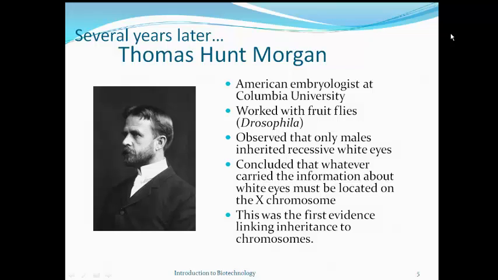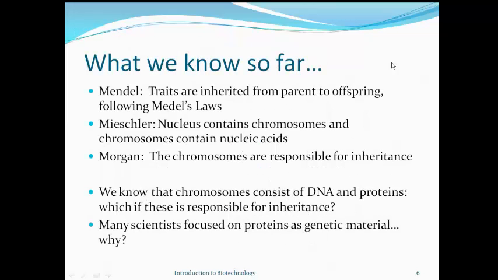Again, they didn't know what a chromosome really was at the time, but he was able to conclude that some kind of information was on an X chromosome, and this was the first evidence that linked inheritance to chromosomes. So chromatin and nuclein had been identified, but their role in inheritance up until now had not been.